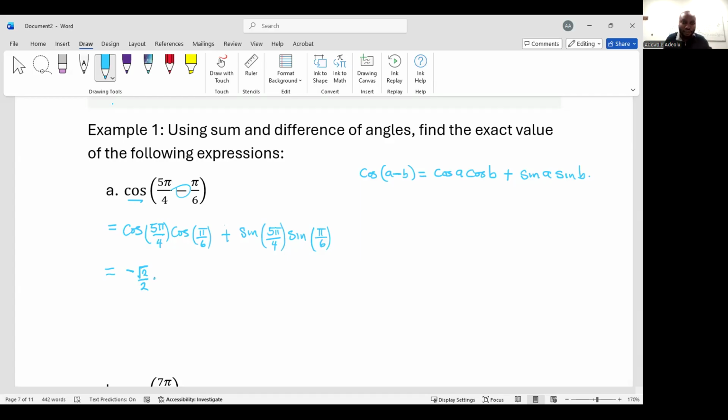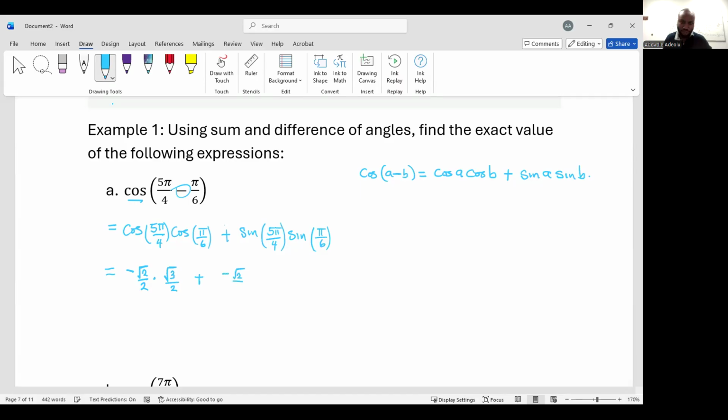Multiply by cosine of pi over 6, that is in the first quadrant, pi over 6, that is 30. So the cosine there is root 3 over 2, plus sine of 5 pi over 4. Again, you are in the third quadrant, so sine is negative there.